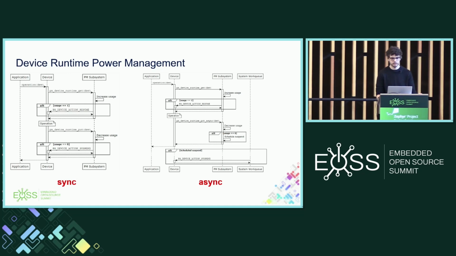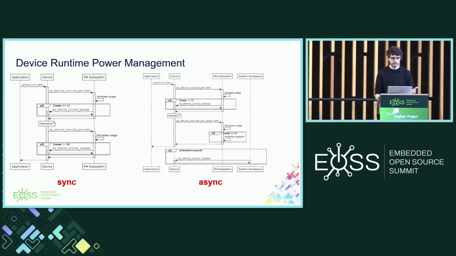The idea is that when the application requests some operation from the device, it calls PM runtime get, which will increase the reference count for this device, and calls the action callback to resume the device. Then the device does the operation that was called, and when it finishes, the device will call the runtime put, which will decrease the reference count, and finally call the action to suspend the device.